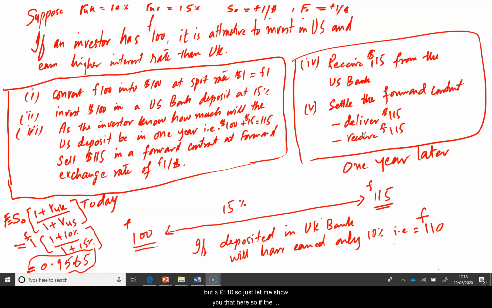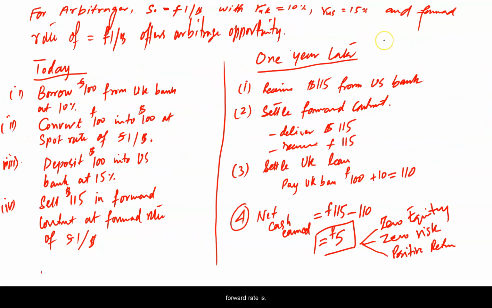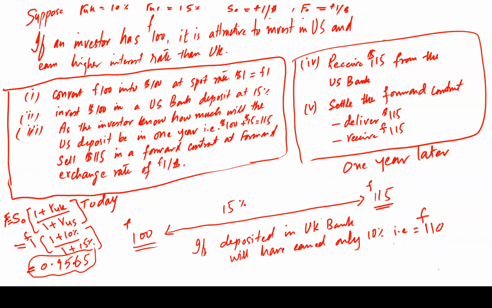So just let me show you that here. So if the forward rate is 0.9565 and you convert $115 1 year later, they will be approximately equal to 110.